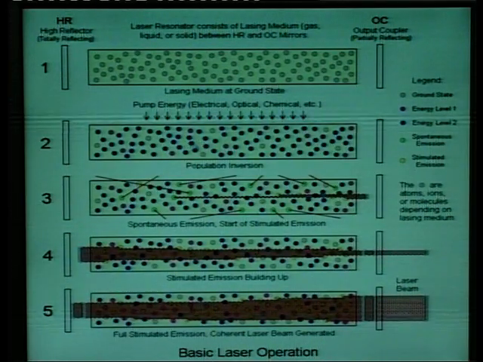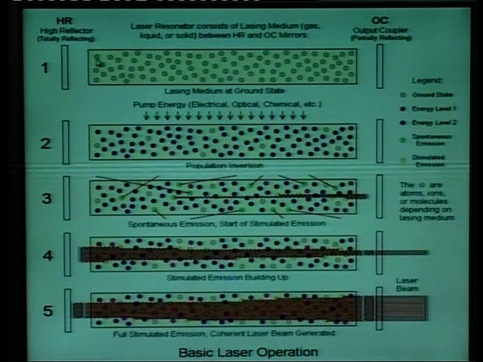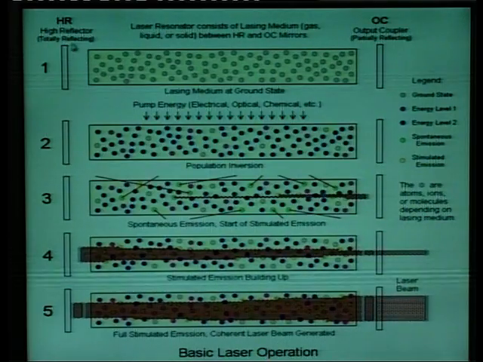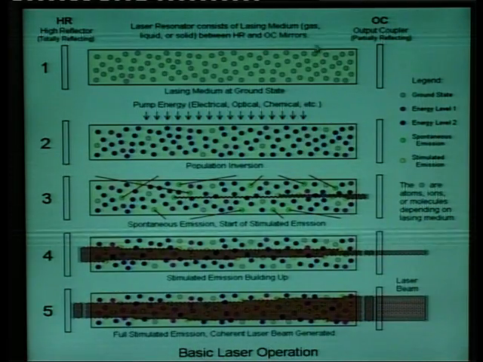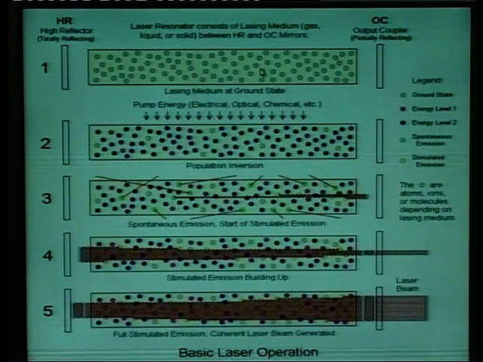They will go to their excited level. So this shows the functioning of a laser. This is the high reflector mirror on one side. On the second side, this is partially reflecting, the output coupler. This is the high reflector, totally reflecting, and partially reflecting mirrors are there. So this is the medium, it is in the ground state.